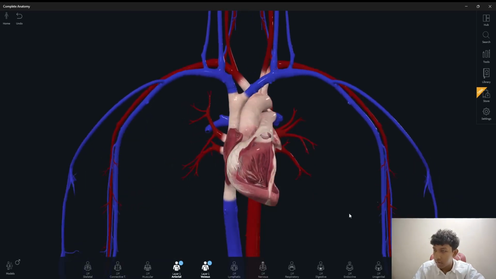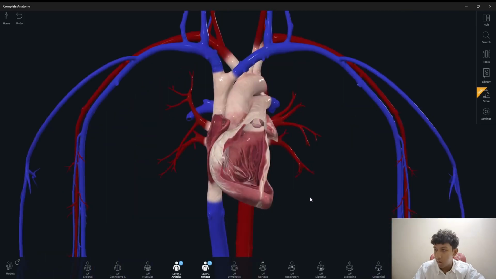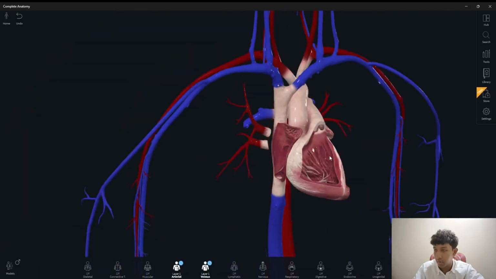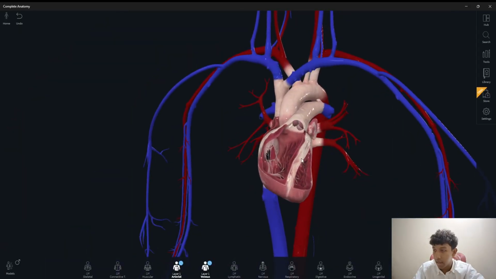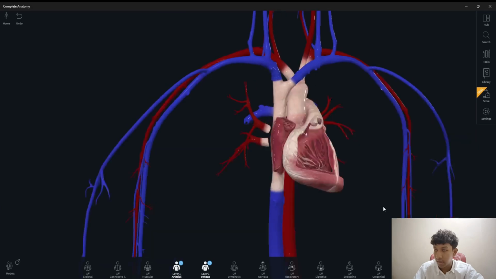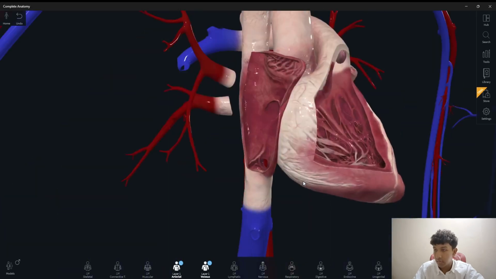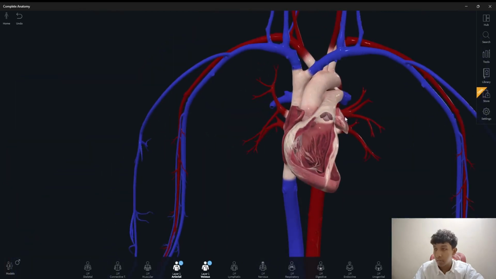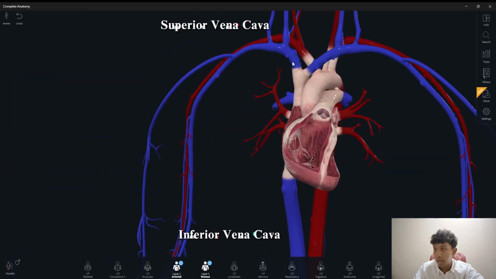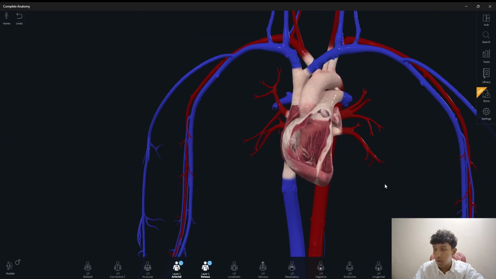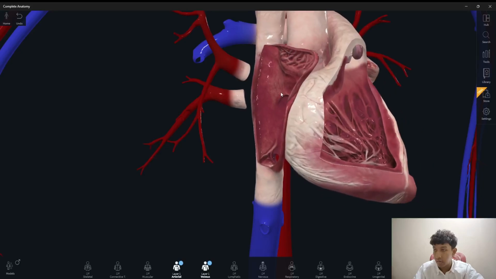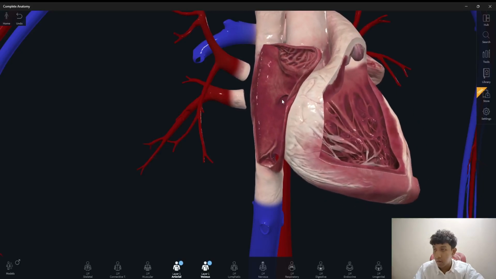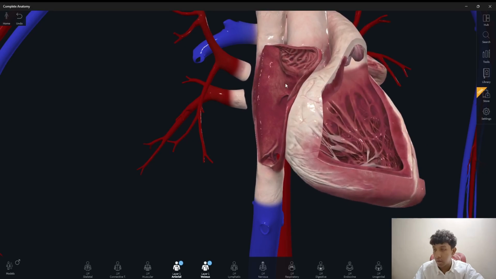So if you can see the atrium here, starting with the dextra atrium. We know that dextra means right and sinistra means left, right? From the dextra atrium, the blood comes in from the superior vena cava and the inferior vena cava, all together passing through to the dextra atrium.